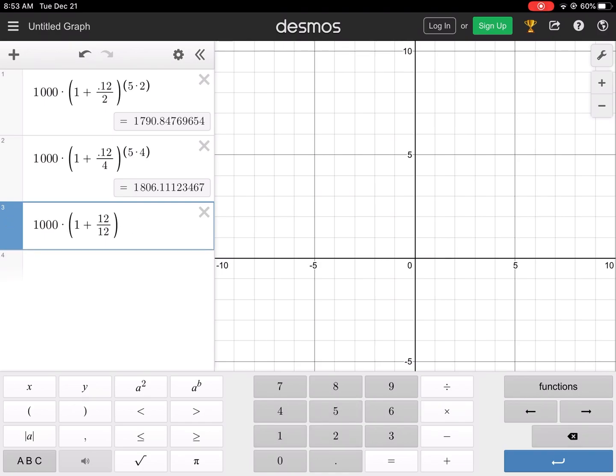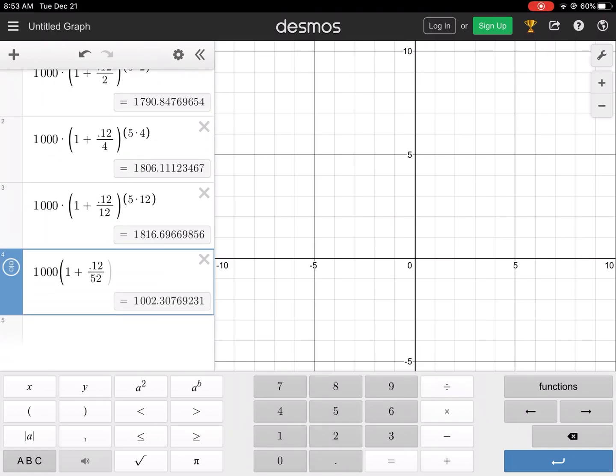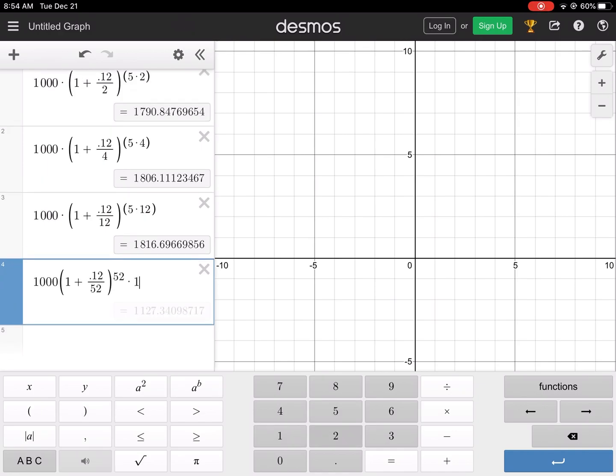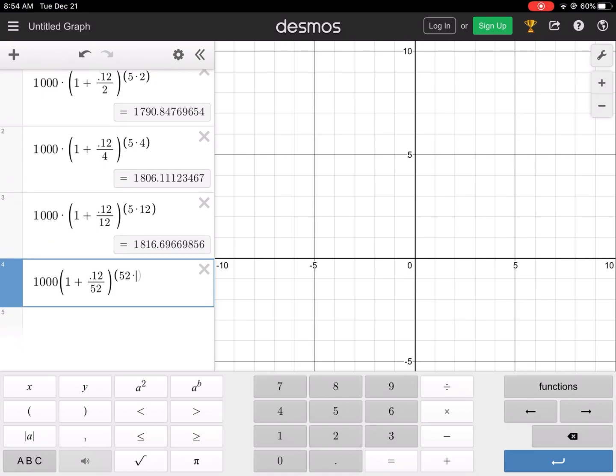Whoops, I forgot to put that in parentheses, and this should be 0.12. Then 1,000 times 1 plus 0.12 divided by 52 to the power of 52 times 5. And again, I forgot to put that in parentheses. So what you can see here is we're slowly making more money the more often that we do this.